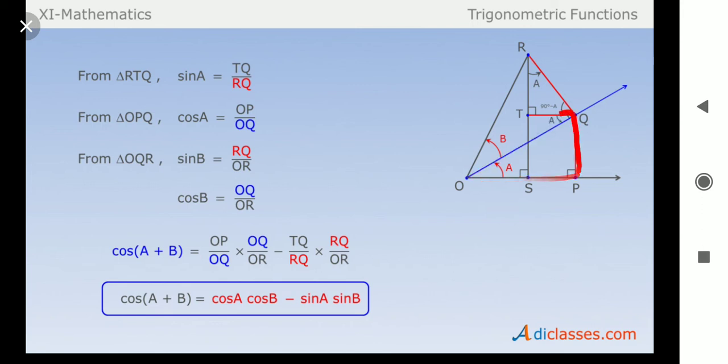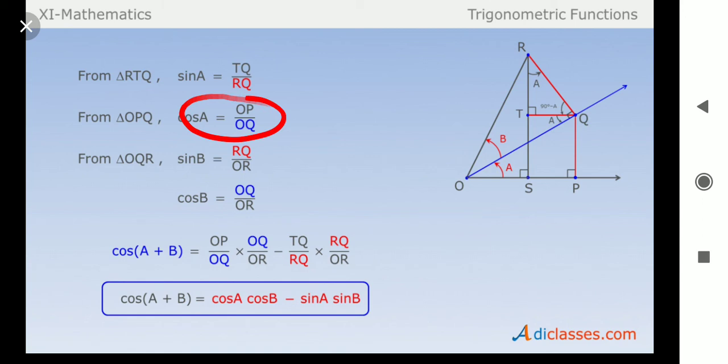If you talk about this triangle OPQ, the angle is A, its base is OP and hypotenuse is OQ, so it is obviously cos A.